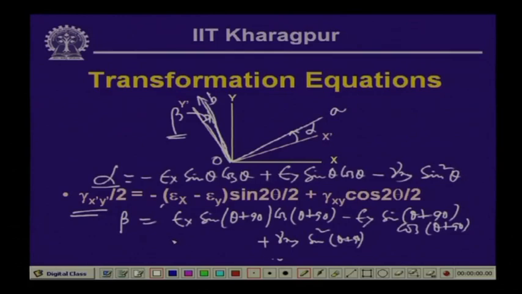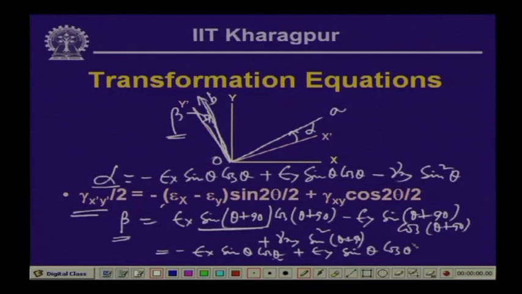Now, the signs have been changed because beta is in a clockwise form and alpha was in an anticlockwise form. Now, this gives us the values as again cos theta and sin theta, which is of negative. So, this is minus epsilon x sin theta cos theta, this is again plus epsilon y sin theta cos theta, and this is gamma x y cos square theta.